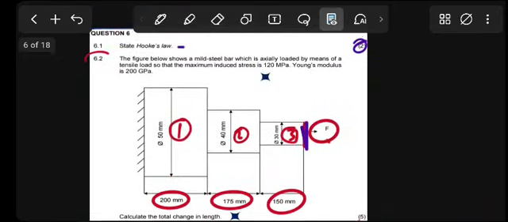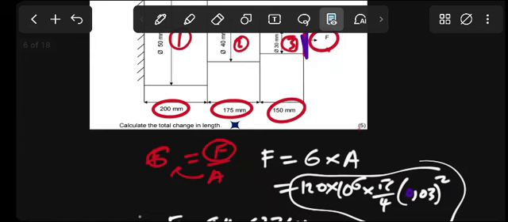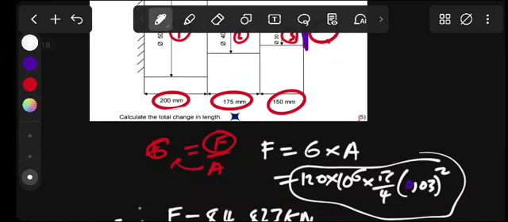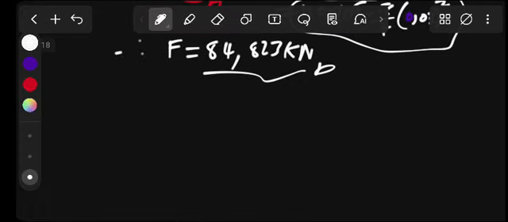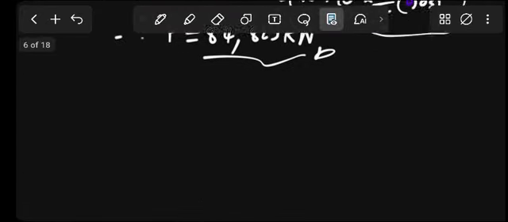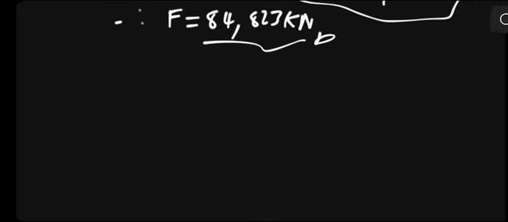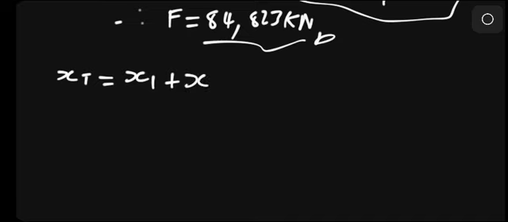What we have now, we should calculate the total change in length. The aim is to calculate the total change in length. The total change in length will be the change in length for the first portion, plus the second portion, plus the third portion.